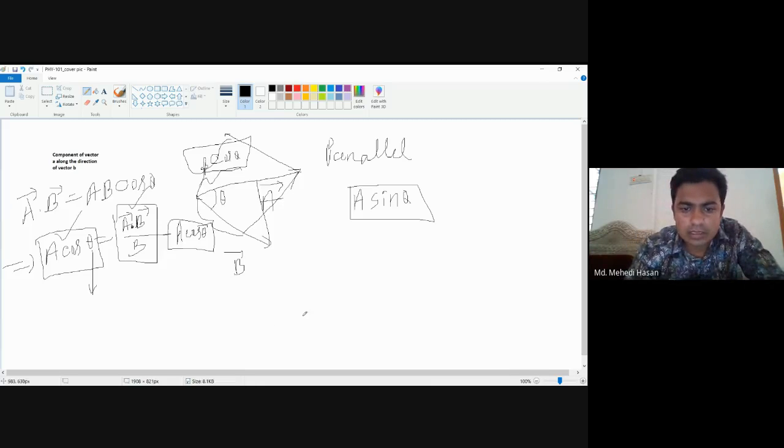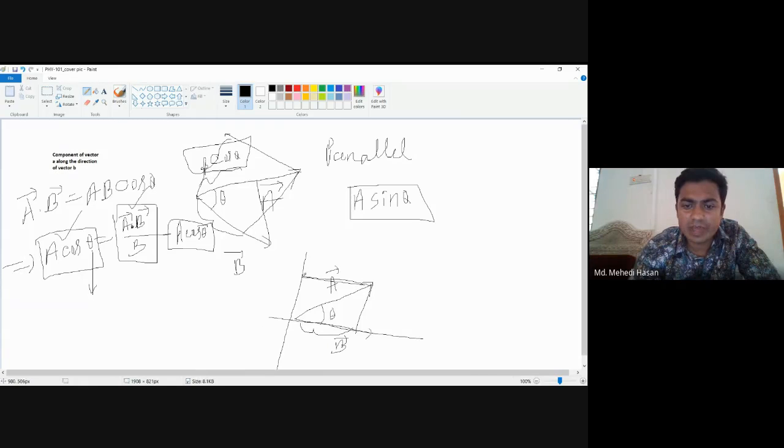Yes, of course. Say this is vector A, and this is vector B, and this angle is theta. If we draw a perpendicular line to vector B, that is called the perpendicular component, or component of vector A along the direction of vector B, or projection of vector A along the direction of B. But if there is a coordinate system like that, and we draw a line parallel to vector B from the top of vector A, then this is called A sine theta.